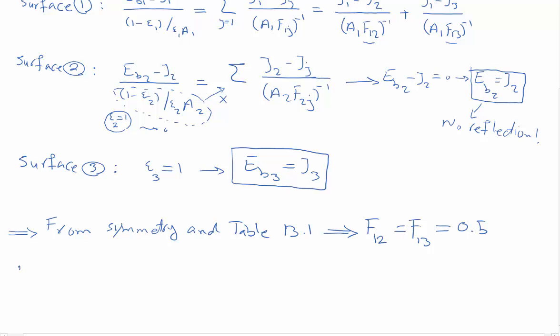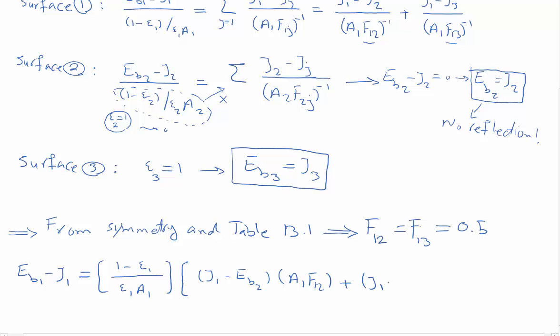I write it as EB1 minus J1 equals (1 minus epsilon 1) over epsilon 1 A1, times J1 minus EB2, multiplied by A1 F12, plus J1 minus EB3, multiplied by A1 F13.